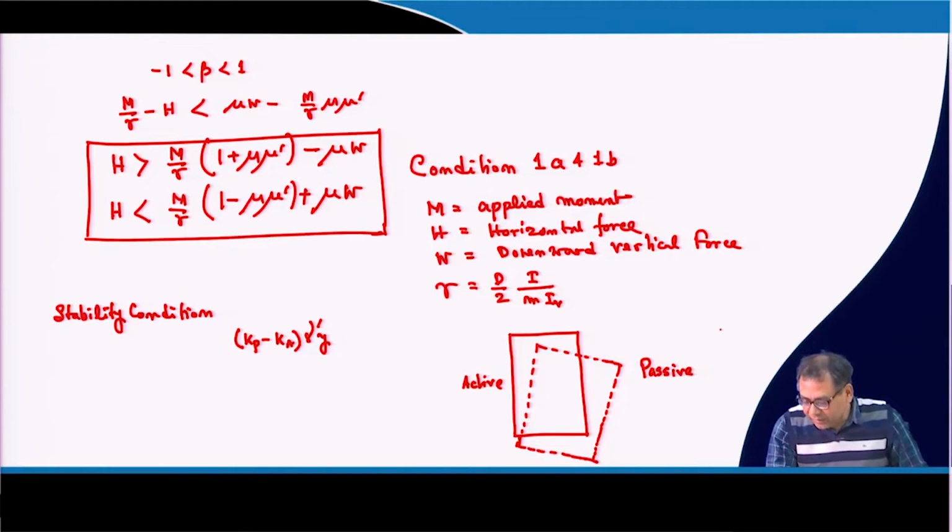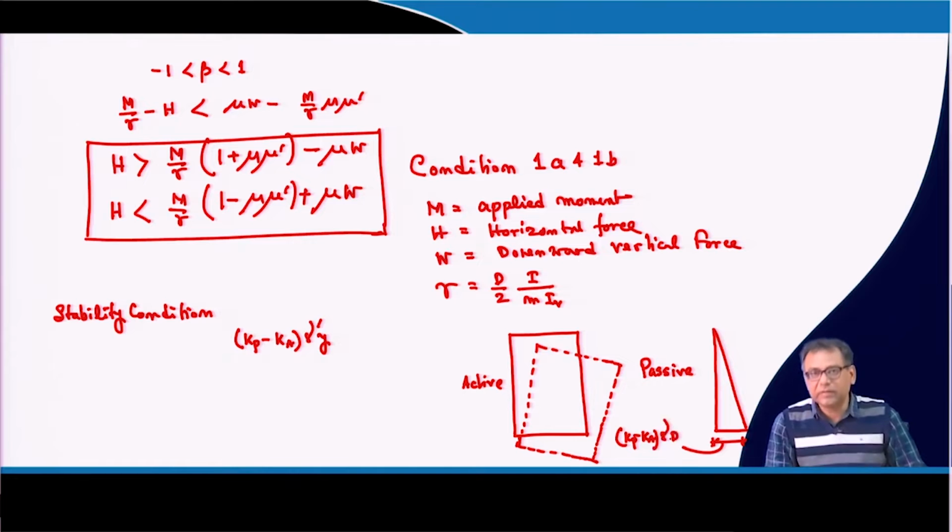If I draw the net pressure diagram, it will be something like this, and this value will be equal to Kp minus Ka into gamma into d, where gamma dash means the effective unit weight.